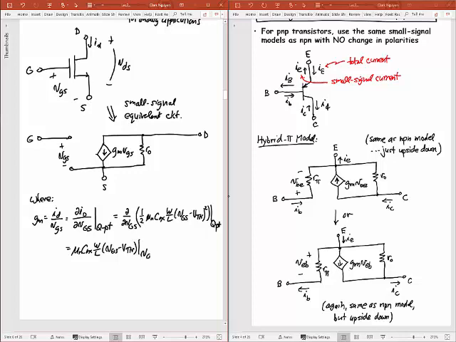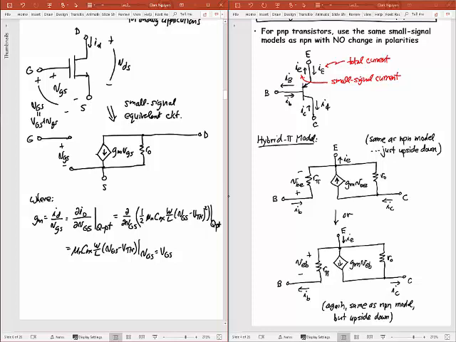Evaluated now at the operating point, VGS is equal to whatever the large signal gate to source voltage is in this structure. So in this case, the total voltage across here is going to be capital VGS plus that little vgs.